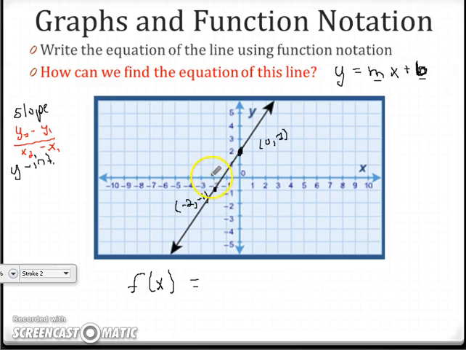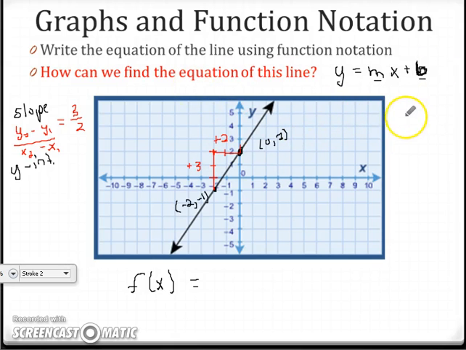From this point, if I count up until I'm in line with the other one, that's 1, 2, 3. So we have a rise of 3, and then starting from here, there's 1, 2. So we have a run of 2. So a rise of 3, a run of 2 gives us a slope of 3/2. If I were to use the slope formula, I should also get that exact same answer.